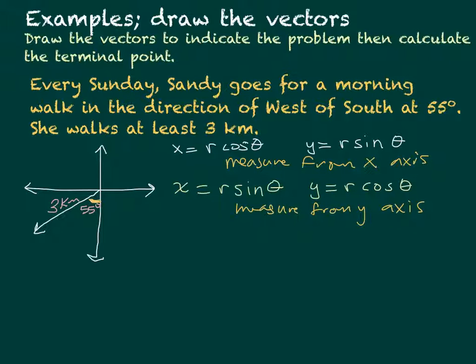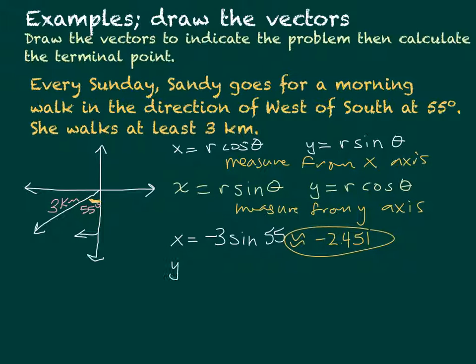Okay, so now it's a pretty straightforward problem. X equals my r, which is actually a negative because we're going negative on my x-axis, negative 3 times the sine of 55 degrees, which is approximately equal to negative 2.451.